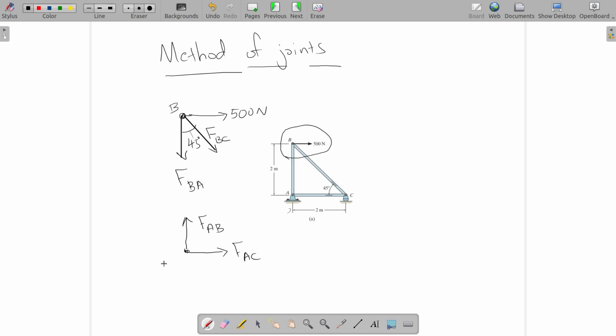And from the support, what kind of forces can you have? This is fixed, so you can have force in an arbitrary direction. A force in an arbitrary direction can be resolved into two parts, X component and Y component, horizontal component and vertical component. So let's just say the horizontal component is RAX and the vertical component is RAY.